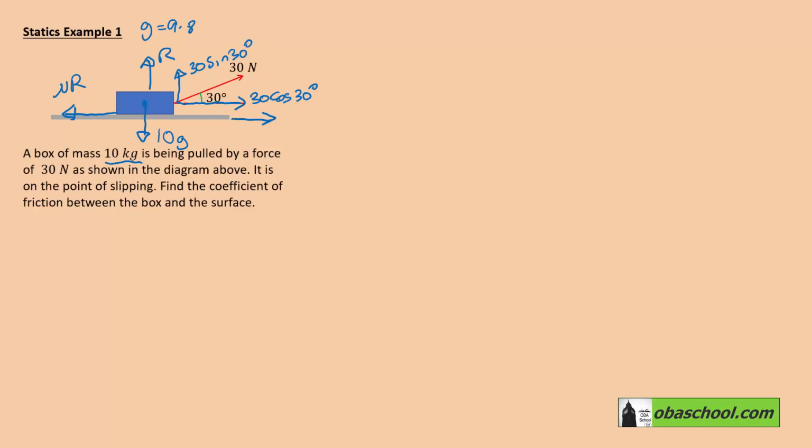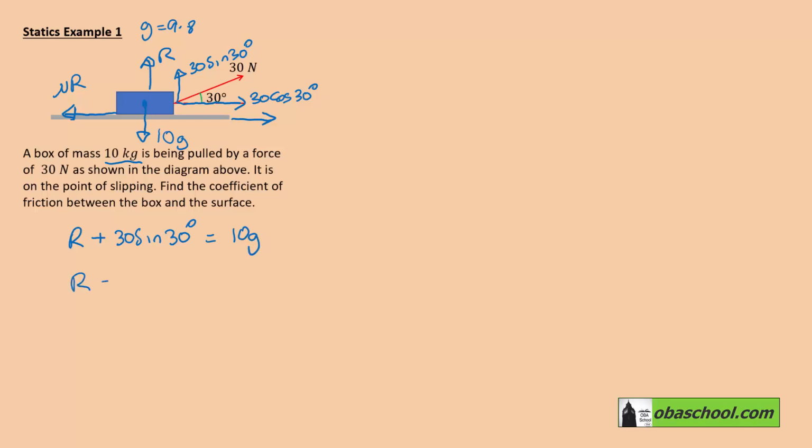Now, because we're in equilibrium, forces up must equal forces down. Upwards we have R plus 30 sine 30. Downwards we have 10g.